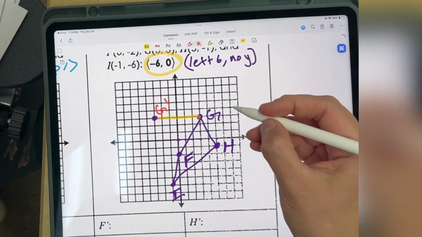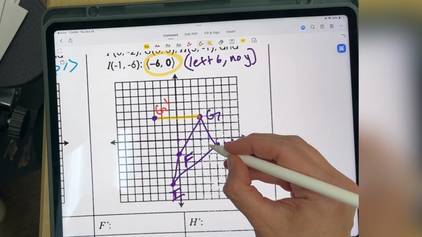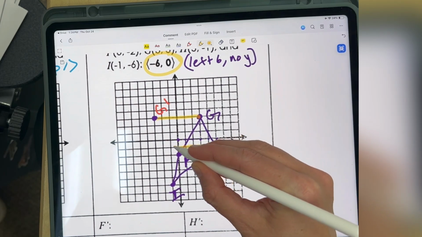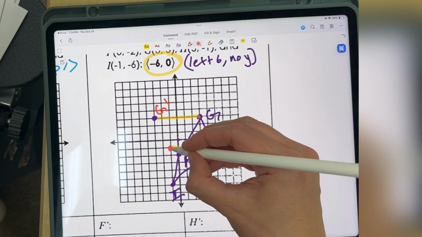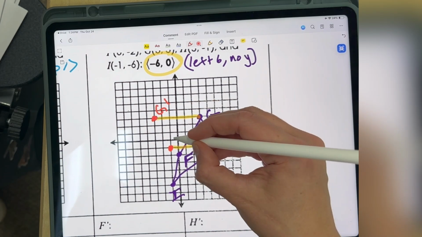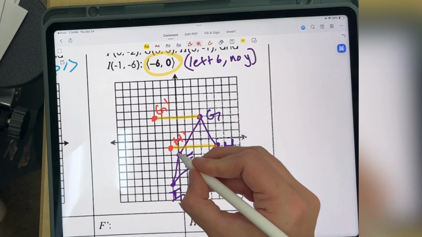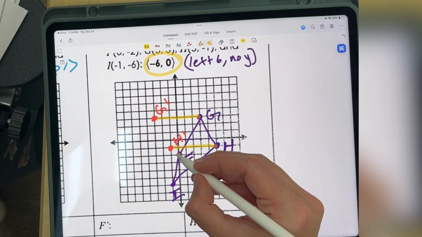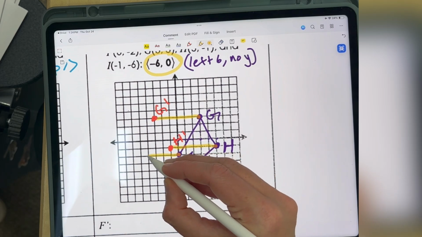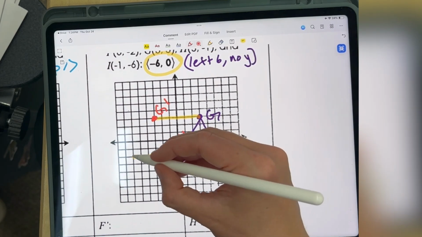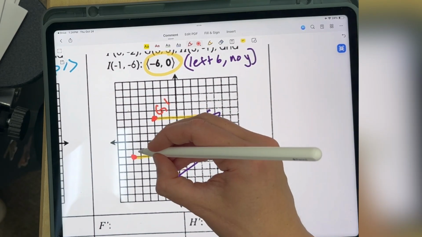G prime. Same thing, 1, 2, 3, 4, 5, 6 lines. This would be H prime. F is right here, so just hop over 1, 2, 3, 4, 5, 6 lines to the left. There is F prime.